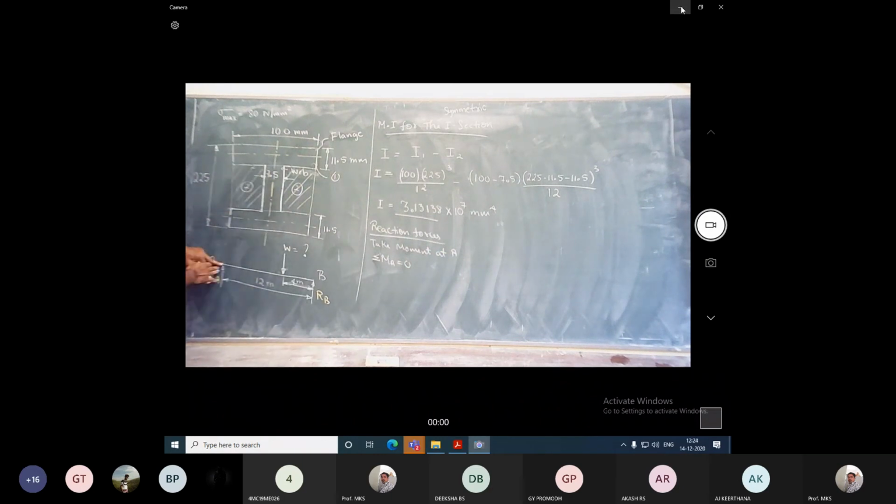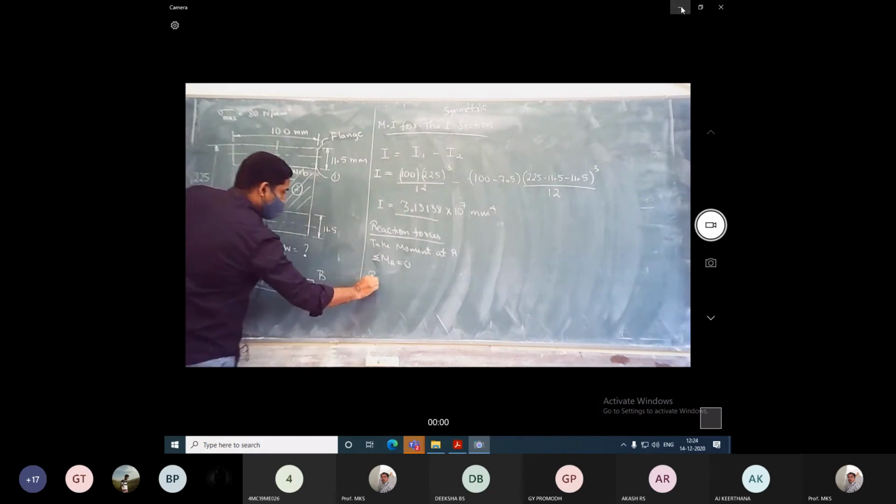When taking the sum of moments at any point, clockwise moment is equal to anti-clockwise moment. We are going to take moment at point A. What are all the forces acting with respect to point A? One is RB, another is W. RB is at a distance 12. One is anti-clockwise, another is clockwise, so you can equate both. RB into 12 is equal to W into 8, since it is 12 minus 4, which is 8.